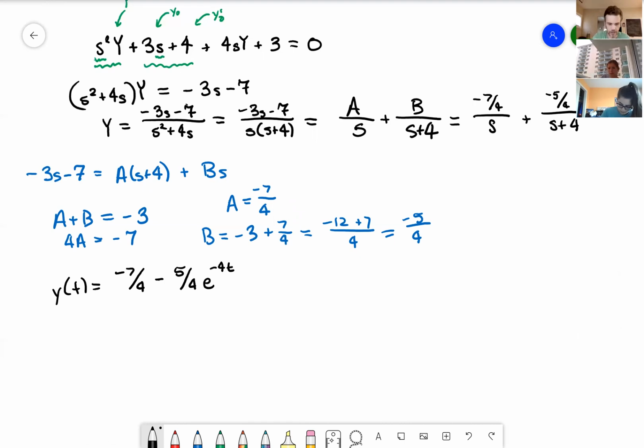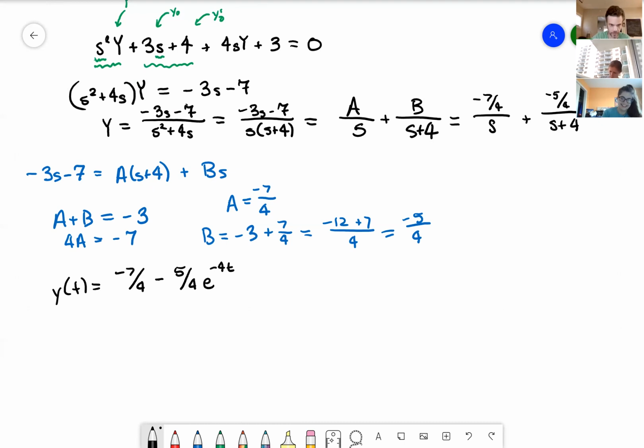So what do I get? I get s squared capital Y plus 3s plus 4s. Sometimes it's good to just do it all at once. Just have confidence. Sometimes it works. Sometimes you see that your confidence was not just.